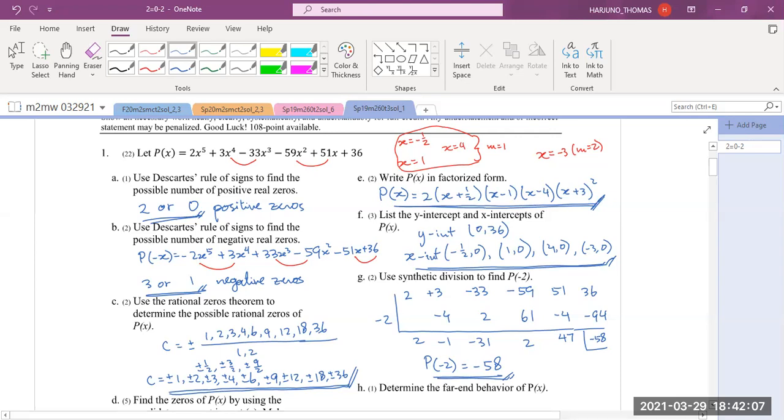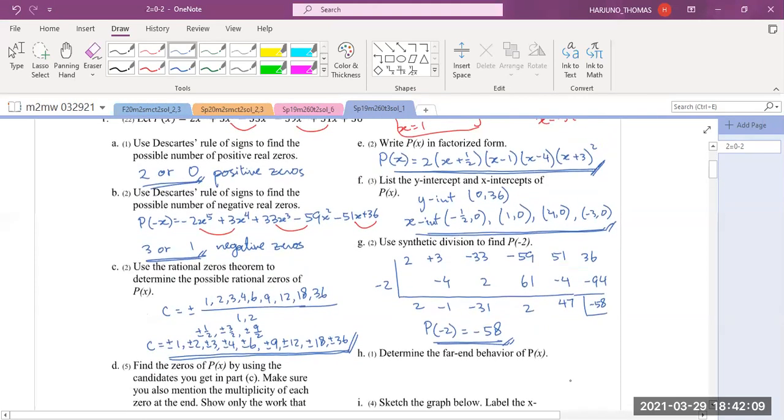Determine the far end behavior. The leading coefficient is positive 2, which is positive, and the degree is 5, which is odd. So it must be bottom to top. I'll sketch the graph below.